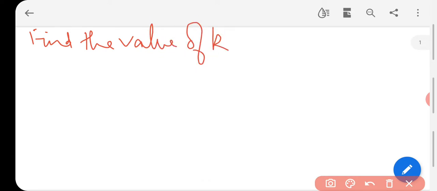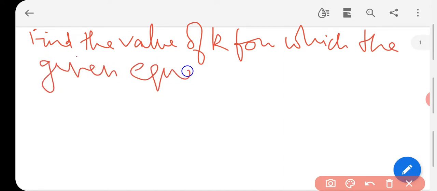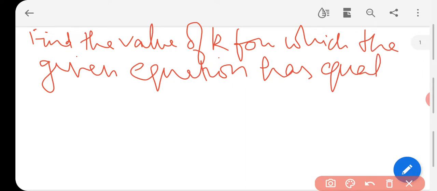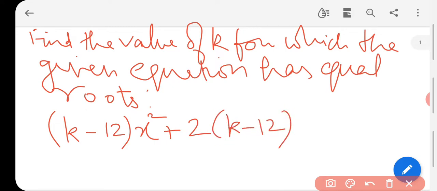The question is, find the value of k for which the given equation has equal roots, and the equation given to you is (k minus 12)x square plus 2(k minus 12)x plus 2 is equal to 0.